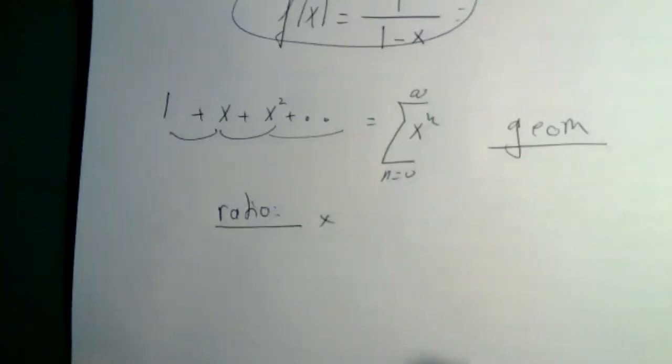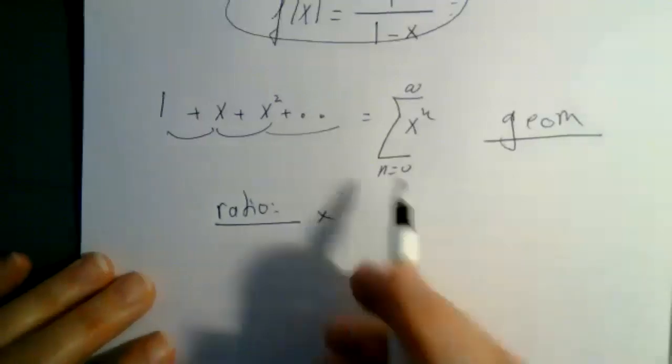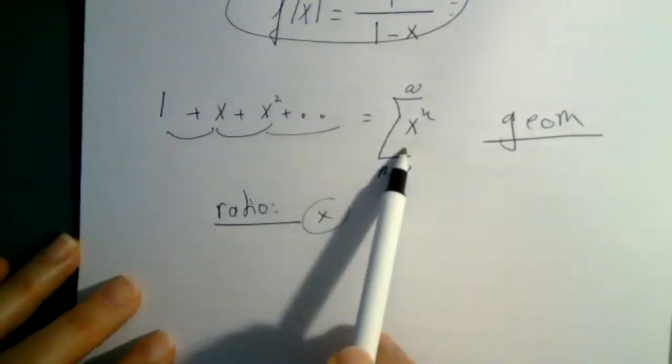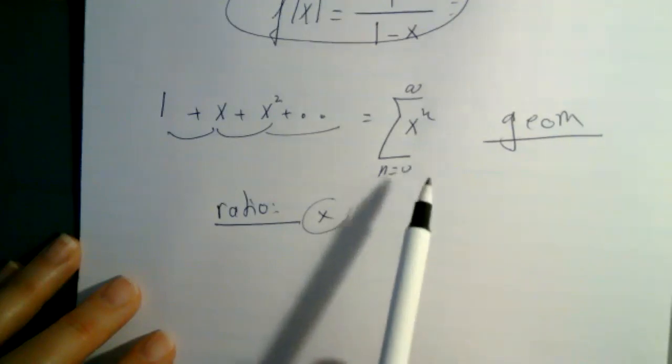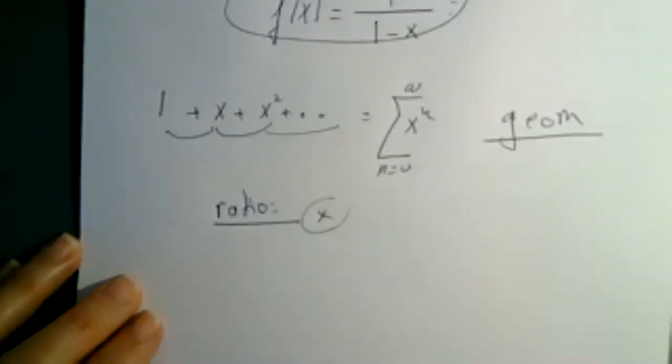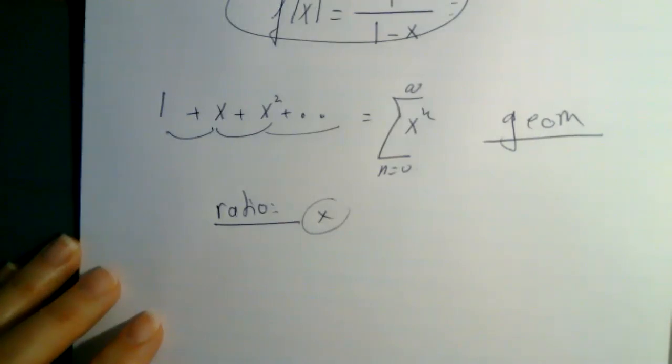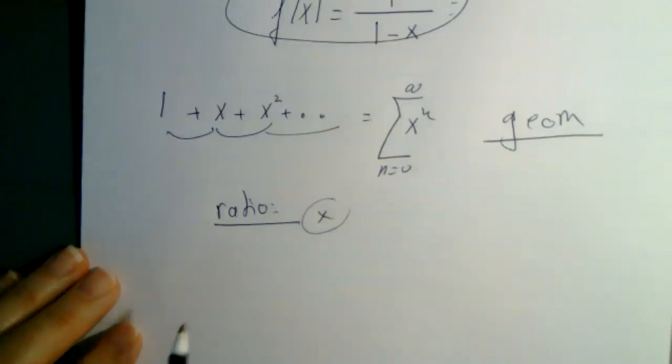So, what does this mean? It means that if the ratio is x, for which values of x will this series converge? And what is the sum of this series? So, for which values of x does it converge? Geometric, something we understand.